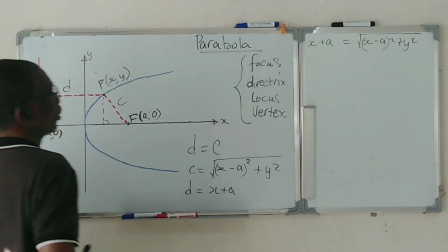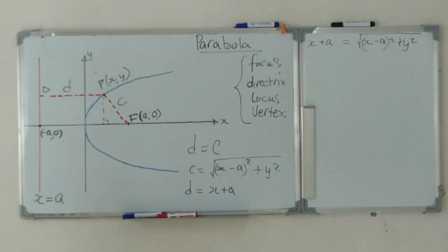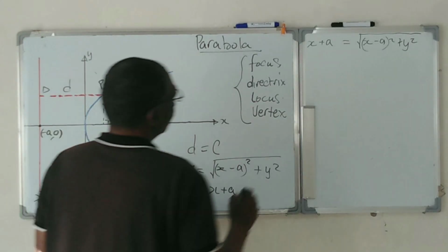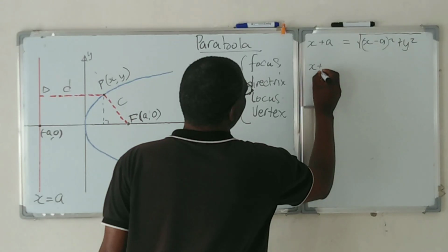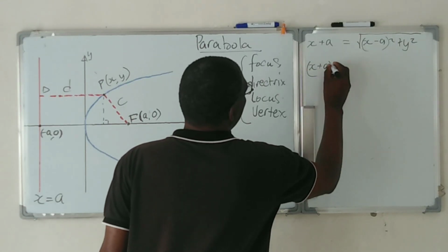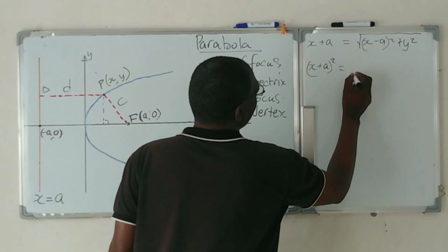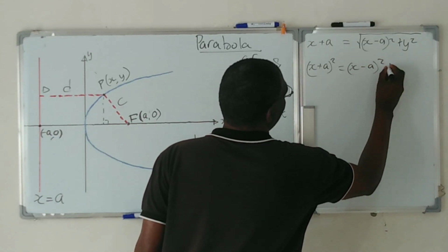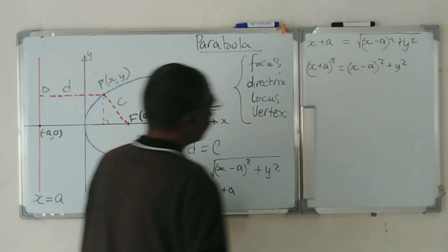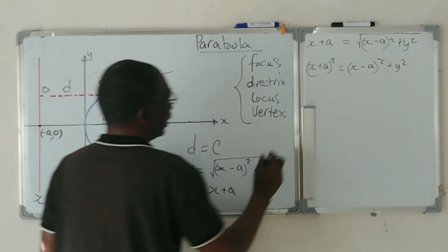So let's try to square both sides to get rid of the square root sign. So the left-hand side becomes (x plus a) all squared is equal to (x minus a) all squared plus y squared. Let's expand both sides.